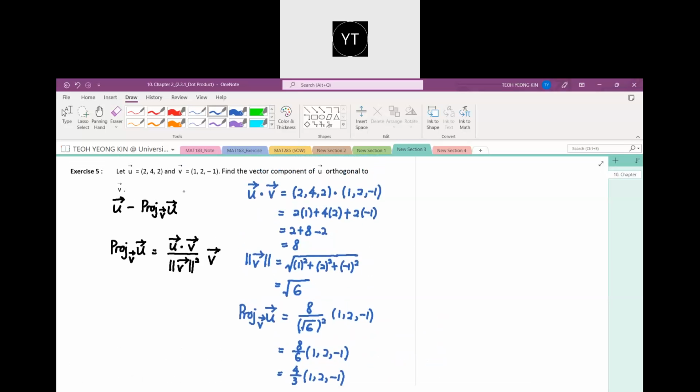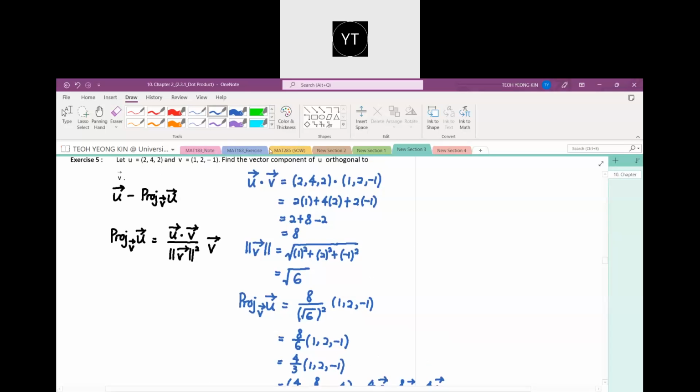So in order to answer the question, the vector component of u orthogonal to v, the formula is vector u minus the projection of vector u onto vector v.